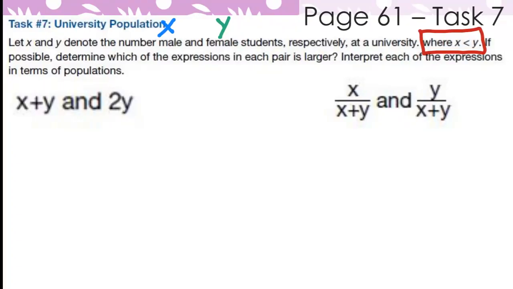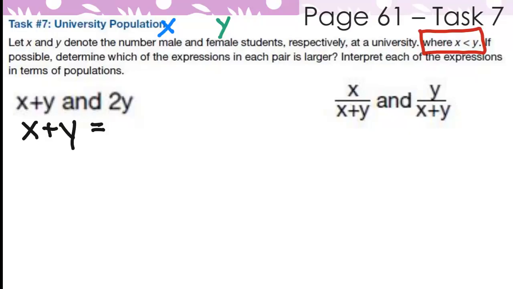Okay? So, I'm going to write mine down like yours are, kind of sideways. So we have X plus Y. What does that represent if I say X plus Y in the population? If it's male plus female, what's another way of saying males plus females?